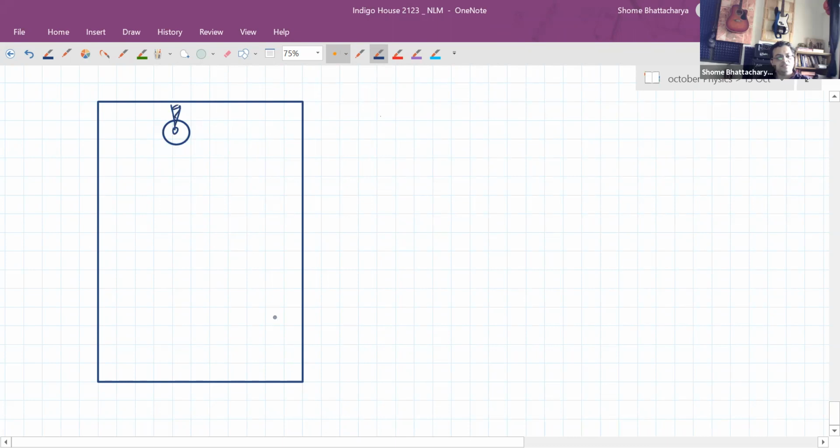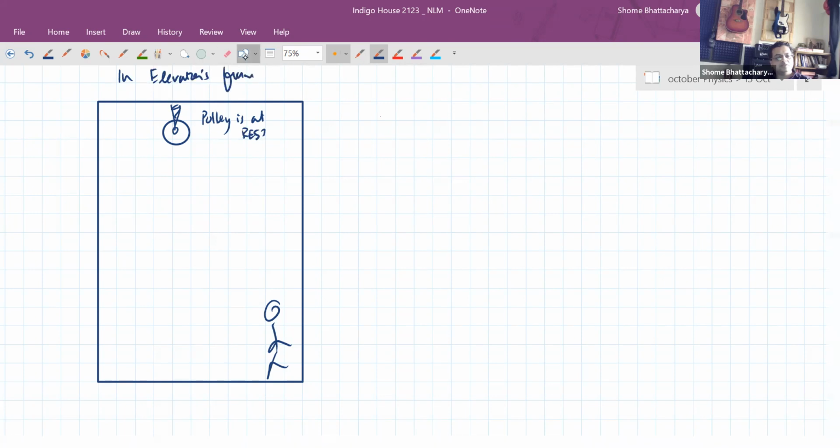So if we are observing this system from inside the elevator, then for us, what is happening? The pulley is at rest in this frame, in the elevator's frame. The pulley is at rest, which means that whatever downward displacement the block A will have, the block B will have an equal and opposite upward displacement because the pulley is at rest.